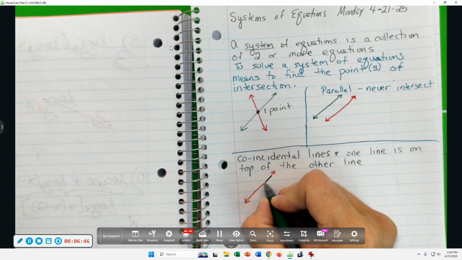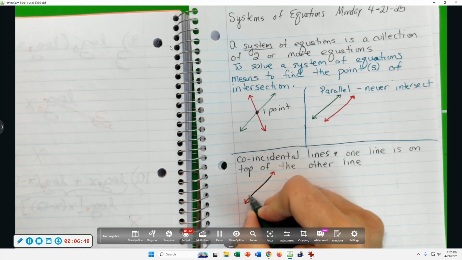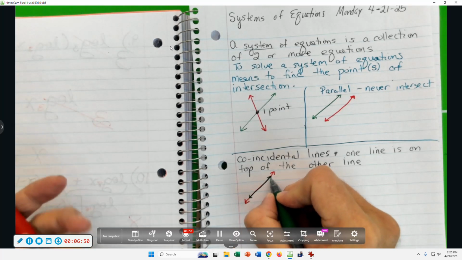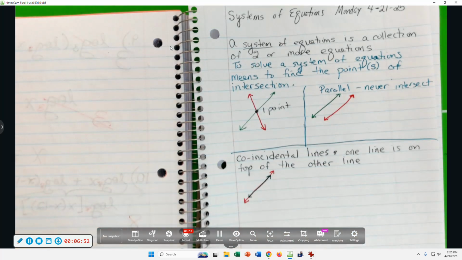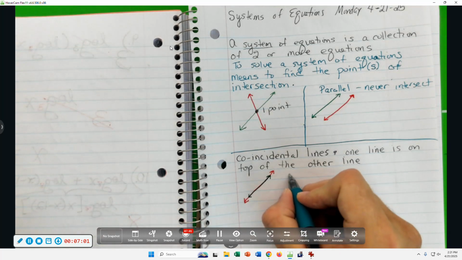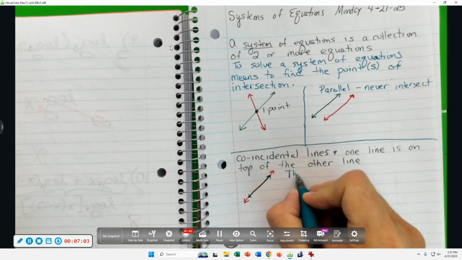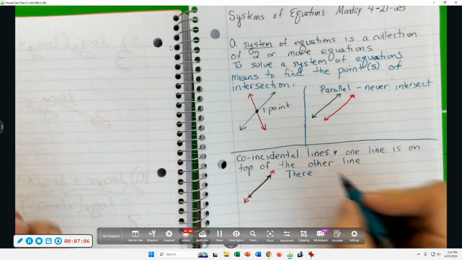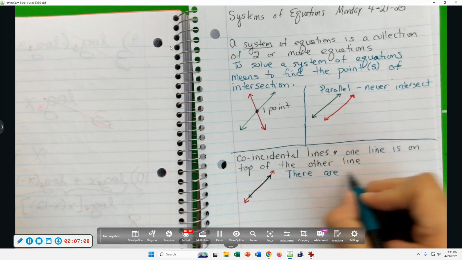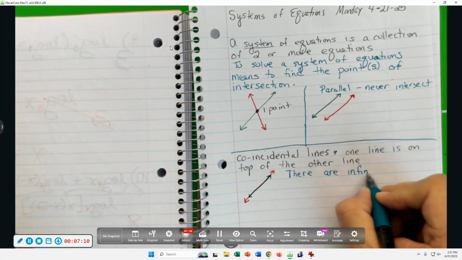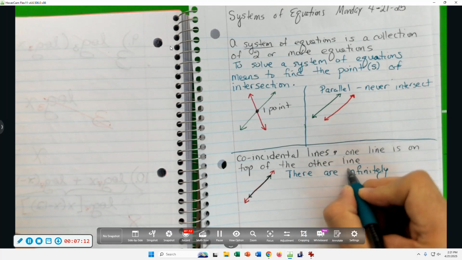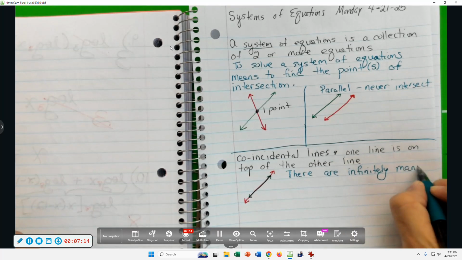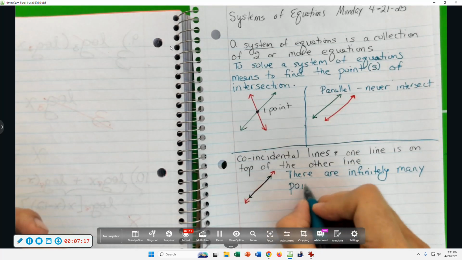The green line is on top of the red line. With coincidental lines, there are infinitely many points of intersection. Every point is a point of intersection.